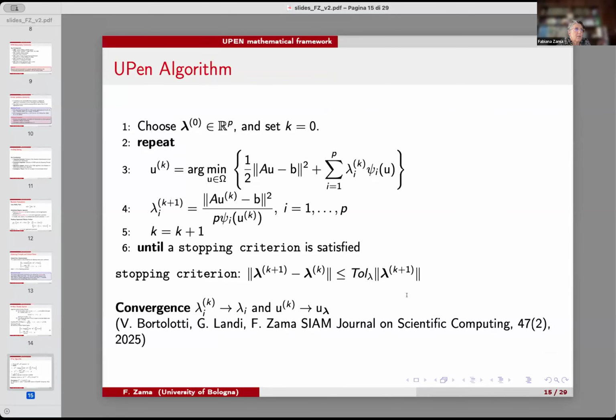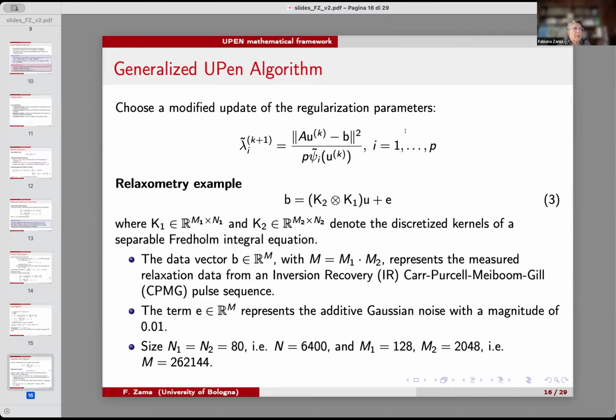UPenn is not exactly this one, because if you remember what Villiam has shown you, we do not have exactly this phi function here in this part, but we have a modified function, and we can generalize this UPenn algorithm, and this generalized UPenn algorithm is actually what has been used.